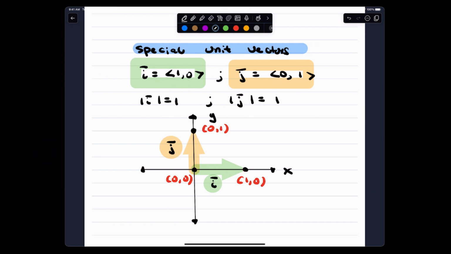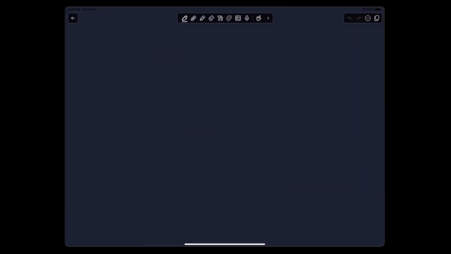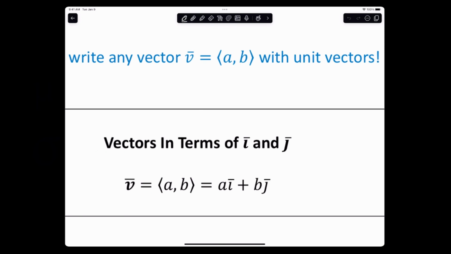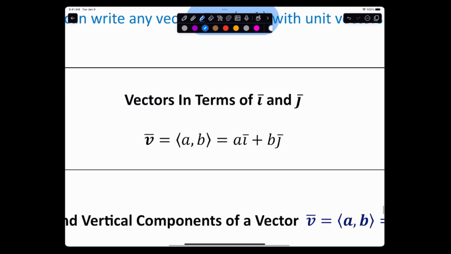And there you go, ladies and gentlemen. So here's the deal. Now, here's a fact that I put in the notes, under vectors. If you're given any vector v, we can write it in terms of your unit vectors i and j.